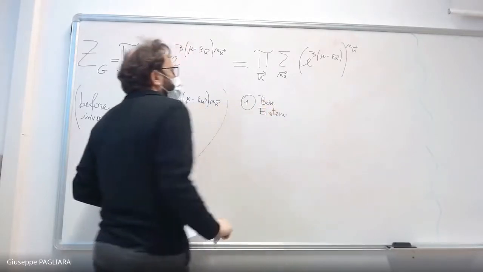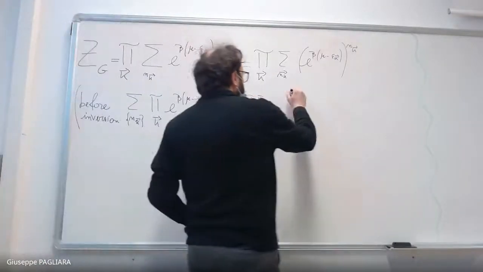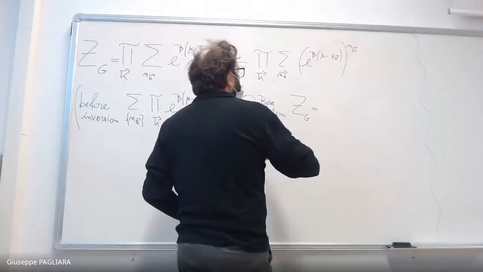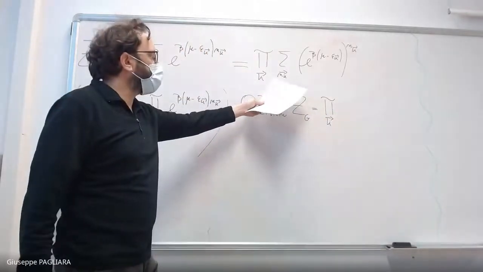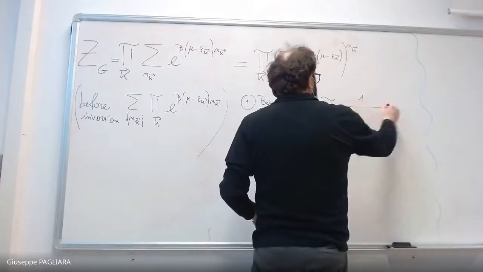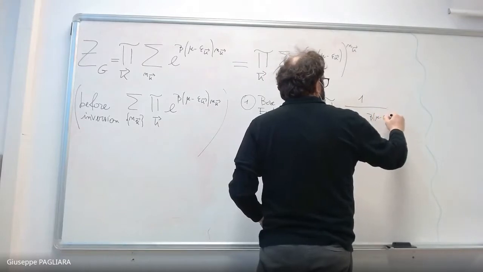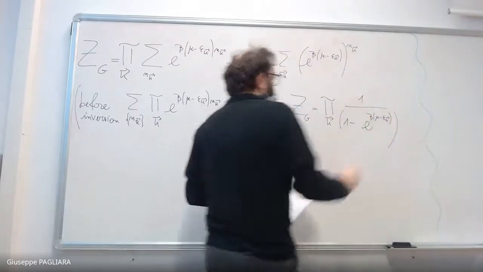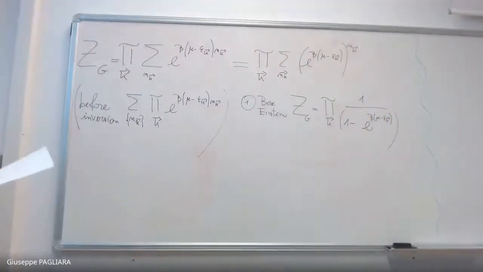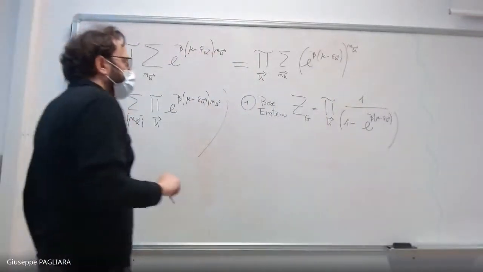In the Bose-Einstein case, these are geometrical series, and therefore the grand canonical partition function will become the product over k of this quantity, which is just 1 divided by 1 minus the exponential of beta mu minus epsilon k. So the grand canonical partition function for a Bose-Einstein gas is the following, where nk runs from 0 to plus infinity in the geometrical series.